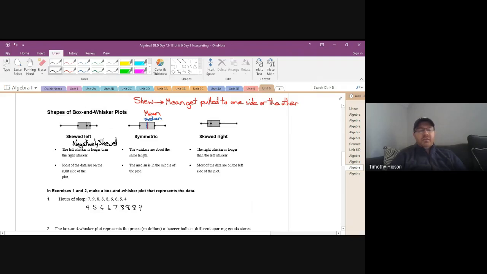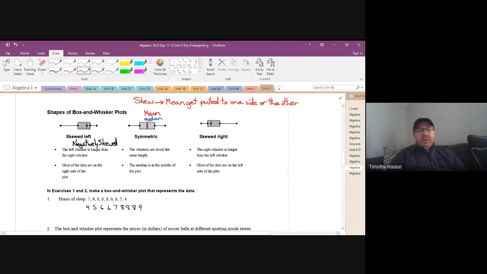Negatively skewed, if you think about your number line, the negative values are to the left, so that it's a negative skew. So you'll notice here we have this upper whisker that's relatively short. The lower whisker, though, is relatively long. It's a good 2 to 3 times longer. And even in the box here, you'll notice that the left side of the box, the data is more spread out than this top side.